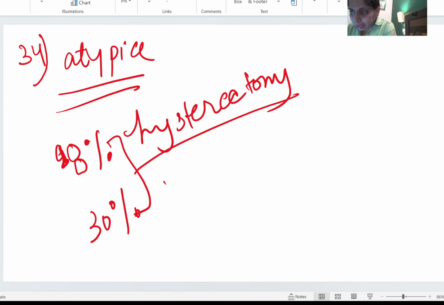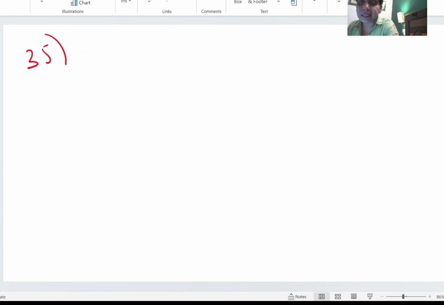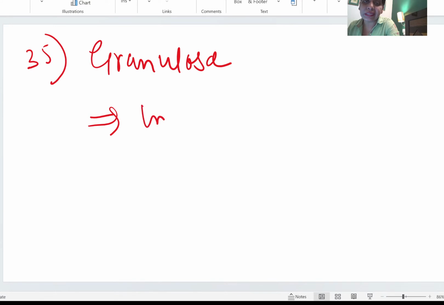Okay. Next question was 34 and 35. 34, is it clear? Mamta, is it clear? 34 was your query. Question number 35: granulosa cell tumor marker. Granulosa cells are the follicle cells, and follicles synthesize inhibin and estrogen.